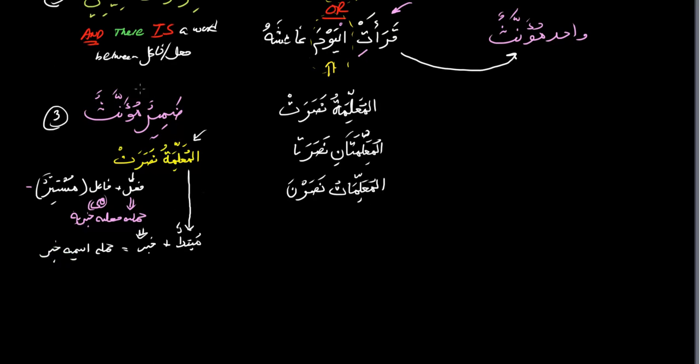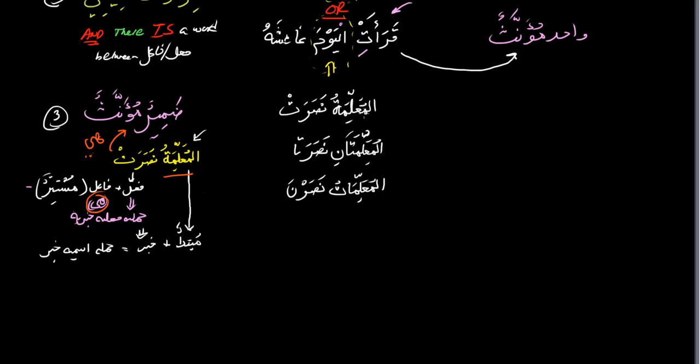Now this is how you analyze this sentence. This is the mubtada, and nasarat is fi'l and fa'il. The fa'il is mustatir, hidden fa'il, which is here. That's the fa'il, and that's the damir. This damir that's hidden in this nasarat, in this particular case.